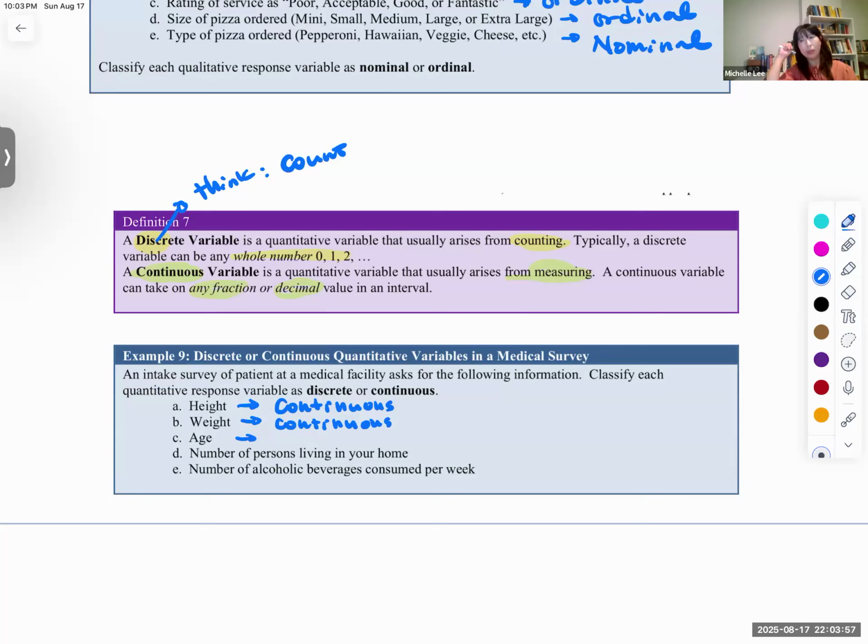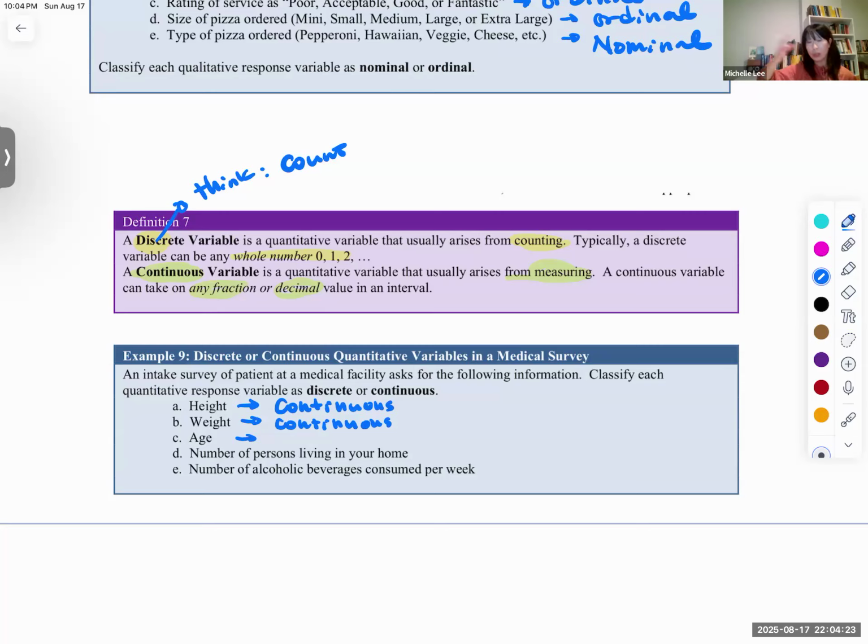How about now? 21 years old, 4 months, 22 days, 7 hours, and 27 minutes. And right now, 23 seconds. So it's continuous, right?